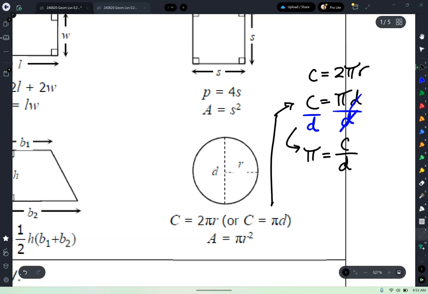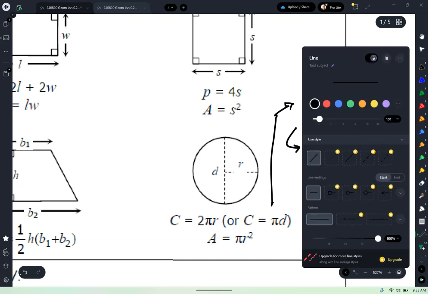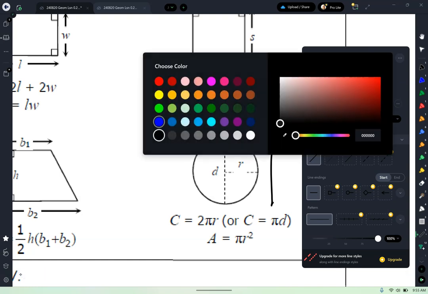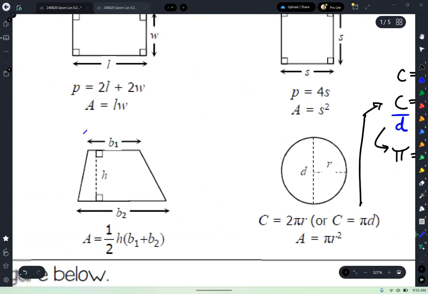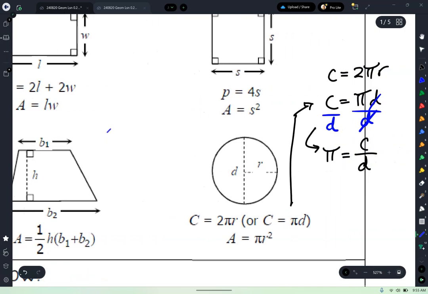Here's what I want you to do. I'm going to use my little line tool here for just a second. To the best of your ability, draw yourself a straight line right here.